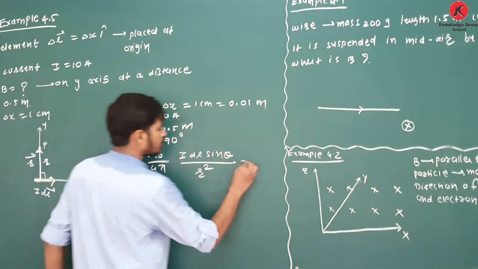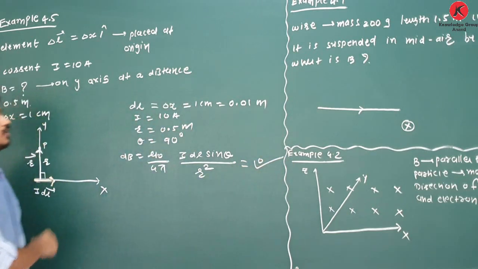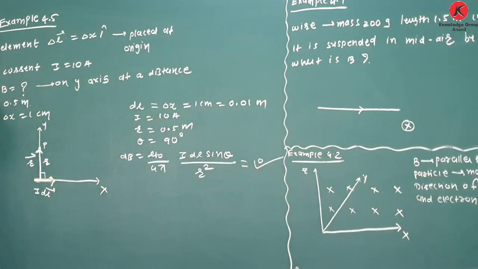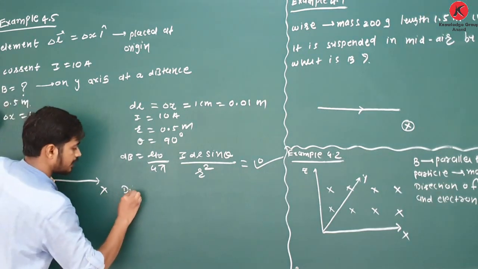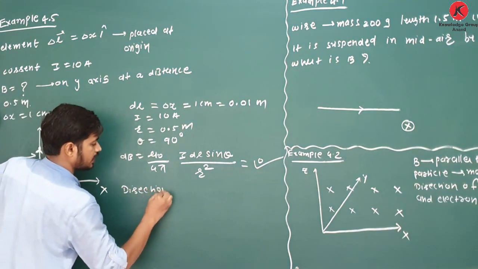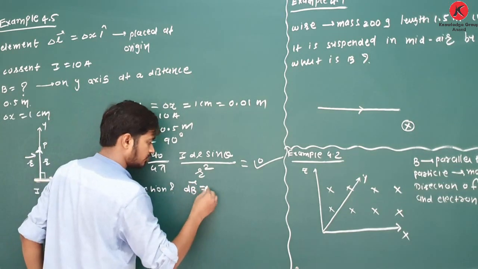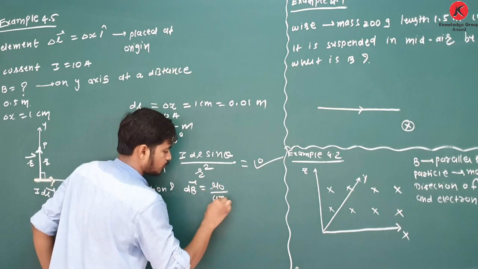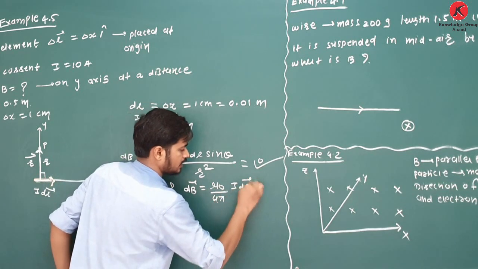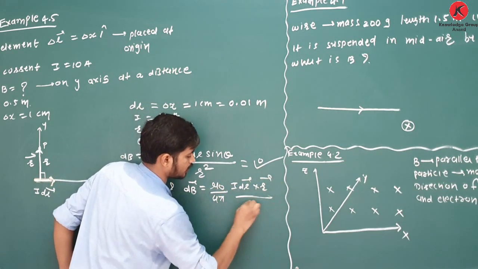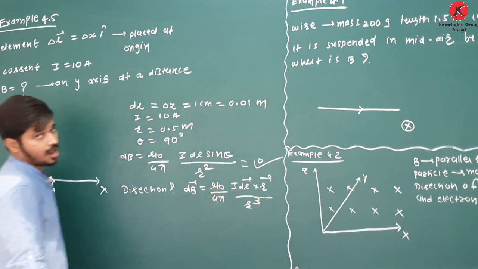You can easily find the magnitude of the magnetic field. Now what about direction? How to find direction? What is the vector equation? The vector equation is B equal to mu 0 upon 4 pi I dl cross r upon r cube.